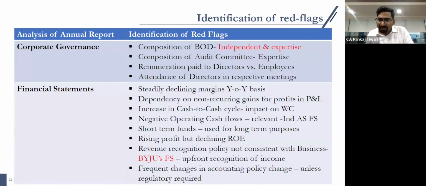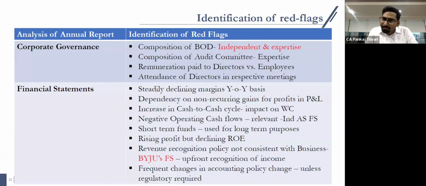Now, if you look at the financial statement, there are many, many red flags which one can identify. These red flags are mainly on the financial performance, whereas the red flags we were talking about earlier, on business activity, expansion and all that, are more on the business strategy of the company. So you need to differentiate between the two.